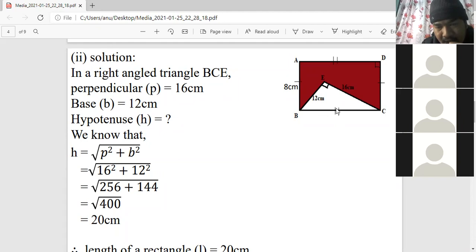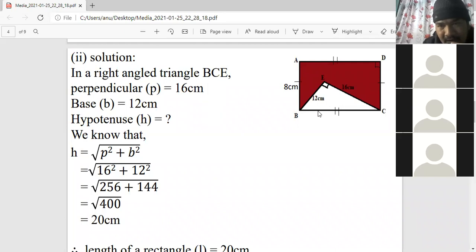If you find the hypotenuse of this right angle triangle, you use the formula H equals square root of P square plus B square. You can take any one as P, any one as B, and the other will be B. Then we will get the hypotenuse of this right angle triangle.